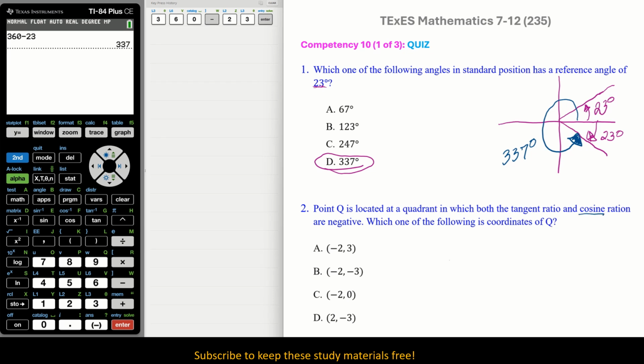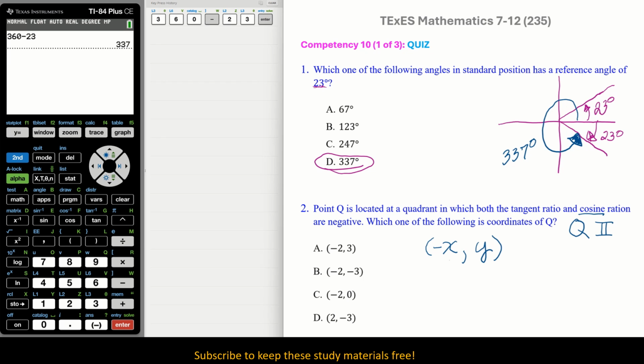Cosine is positive in Q4, so that gives us one choice. That gives us Q2. If we have Q2, that would give us a negative X value and a positive Y.